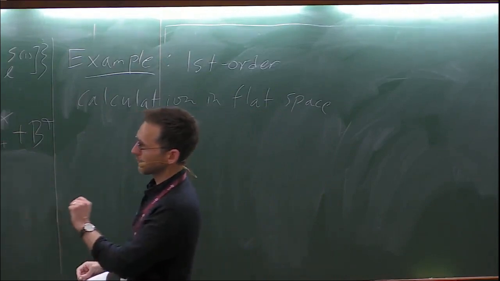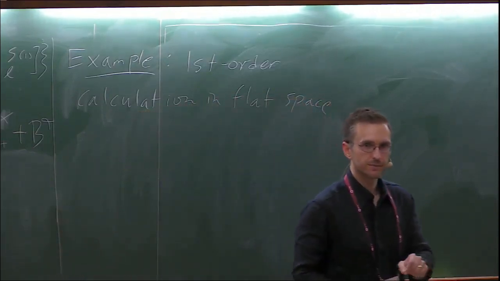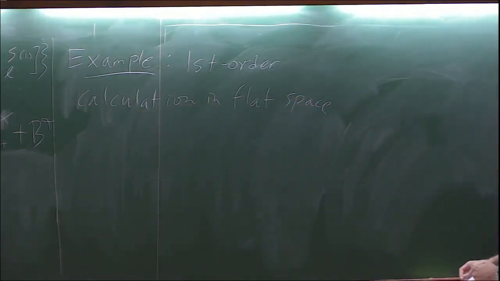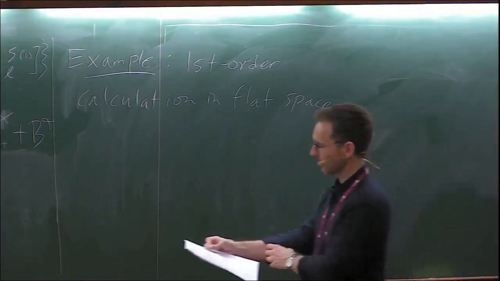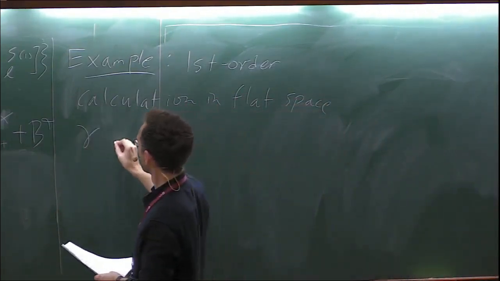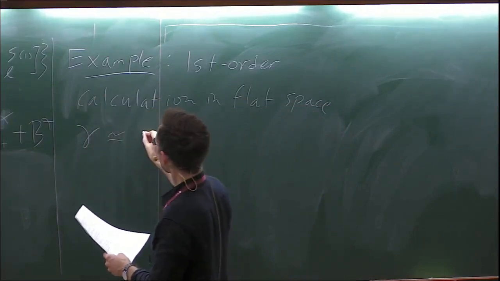Since the world line is approximately a geodesic, if you're in flat space, that means it's approximately just a straight line. So we can approximate this as a straight line.